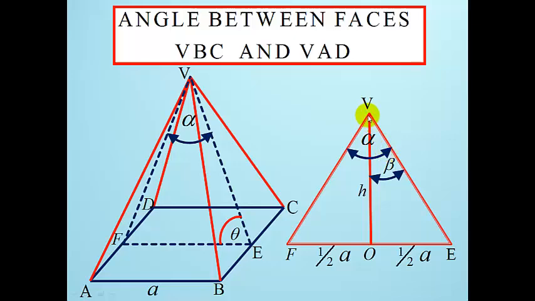Now when we draw a line from the vertex V to the center O, VO is the height of the pyramid.